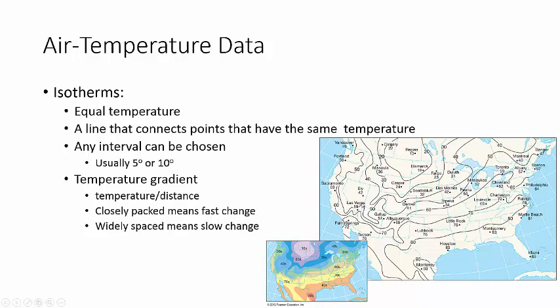Oh, wait, nope, we're back to 40s. Oh, and there we go. We made it, right? So, not even the same distance. I would argue that's less of a distance than that. And you've changed 30 degrees, 35 degrees. Right, so temperature versus distance. Short way, big change. Long way, not as big a change. Right, so that's temperature gradient.